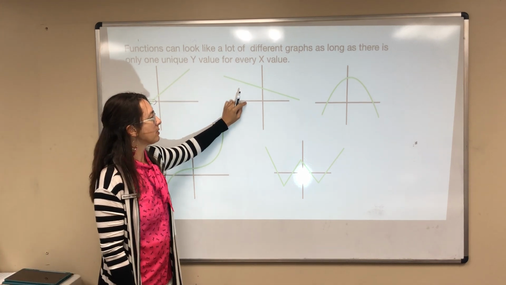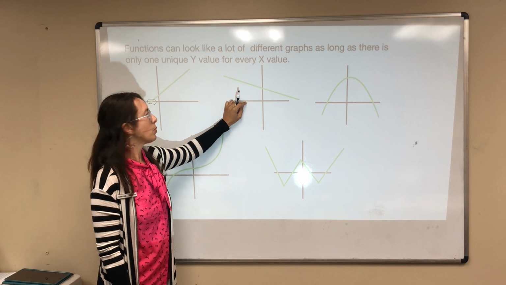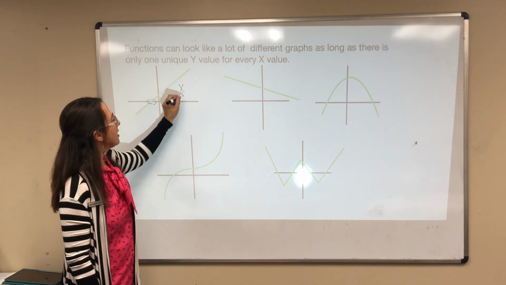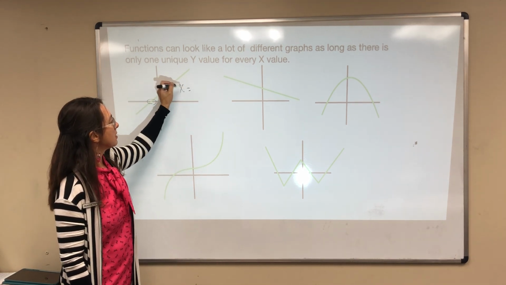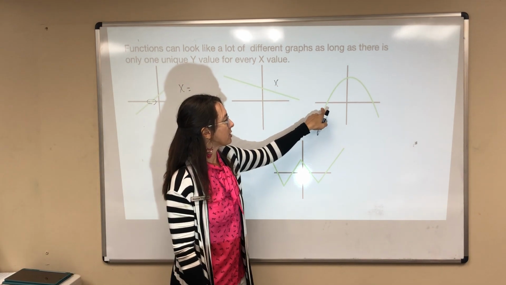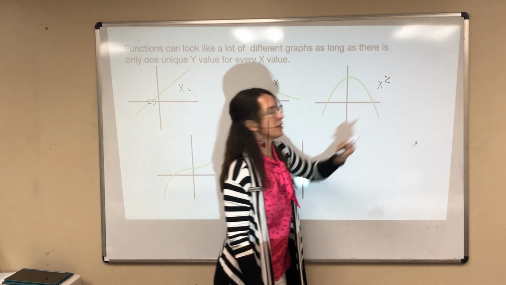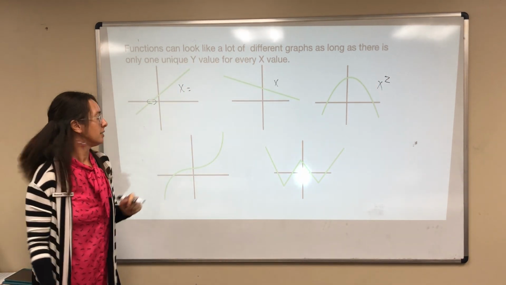How many would this one have? On the x-axis, just one, right? So this is going to be an x. Okay. How many solutions does this have? 2. So it's going to be x squared. It would be an x squared equation.